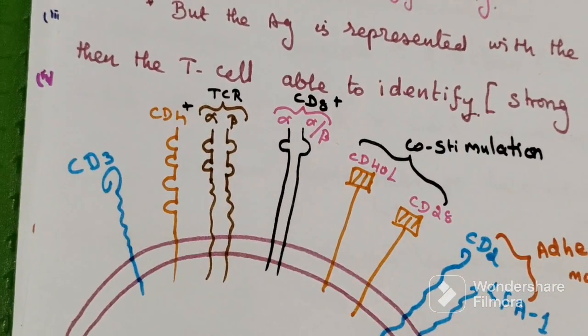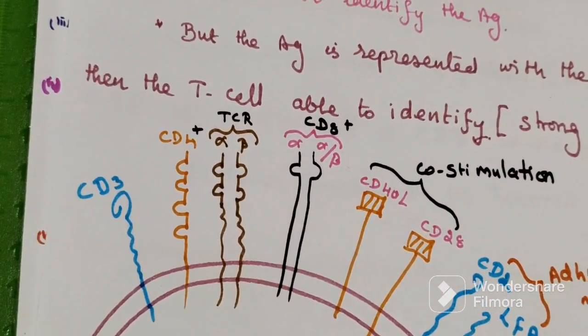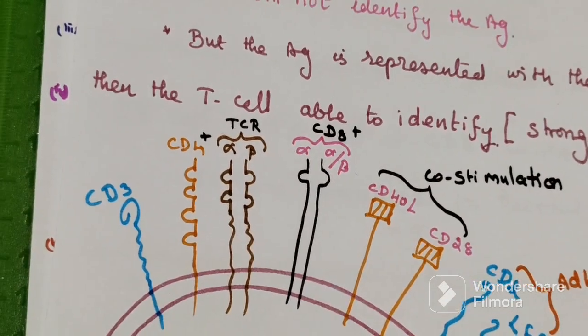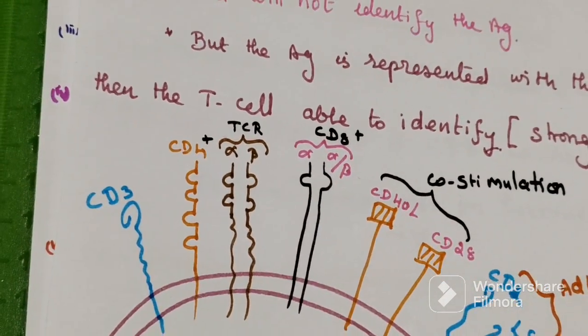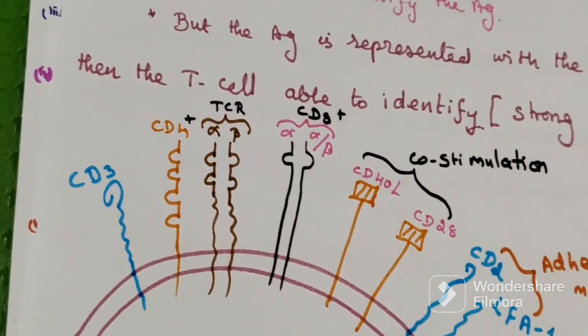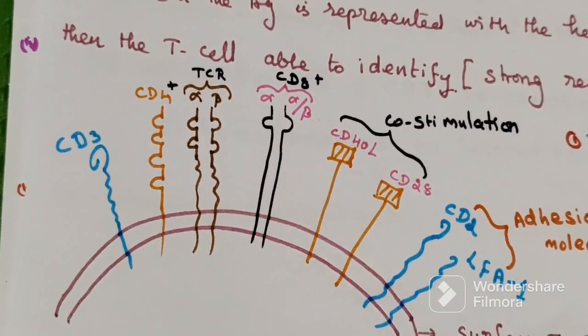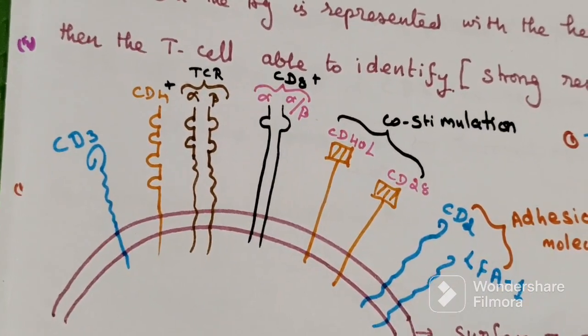T helper cell means only CD4 is present; TC cell means only CD8 is present.